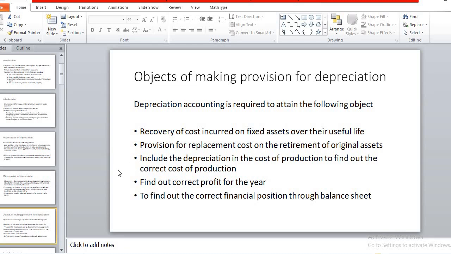These are the objectives of the depreciation which we make. The major objective is to provide for the reduction in the value of property or assets as time passes and as we use them during a certain period of time. That reduction in value we should consider somewhere, and that consideration is the depreciation. These are some objectives of depreciation.